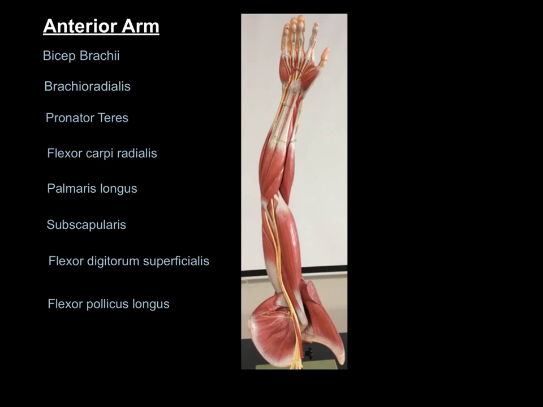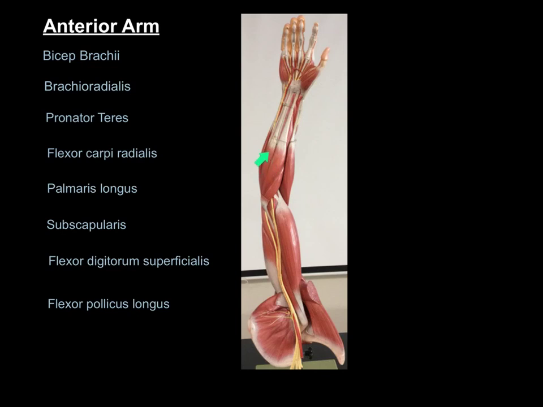So we're going to call this flexor carpi, for wrist, flexor carpi radialis. So again, this muscle right here, flexor carpi radialis, flexing my wrist because it attaches to my wrist, and it attaches at the radial side.